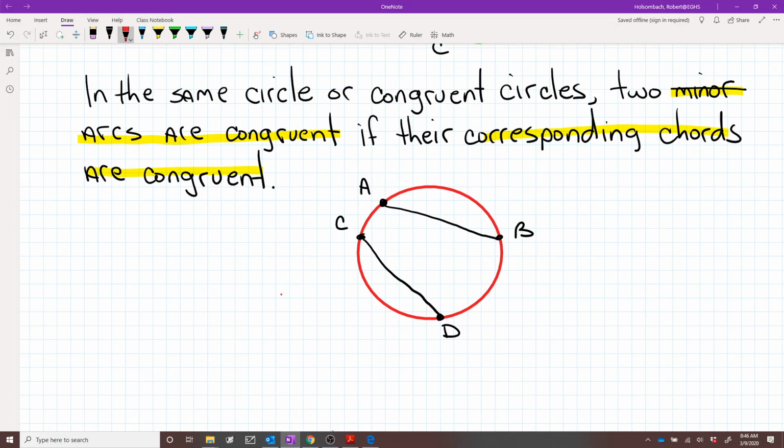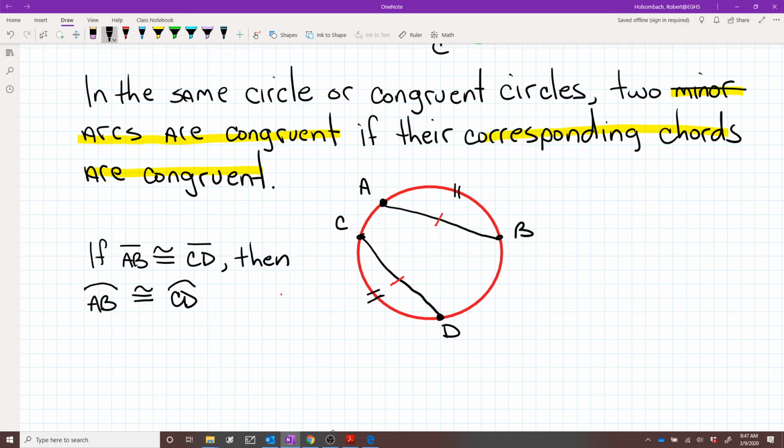So if you're told this here, that AB is congruent to CD, then arc AB is going to be congruent to arc CD. So you can write this in the form that if segment AB is congruent to segment CD, then arc AB will be congruent to arc CD.